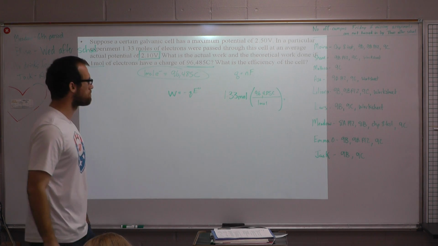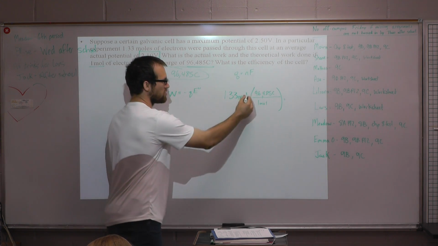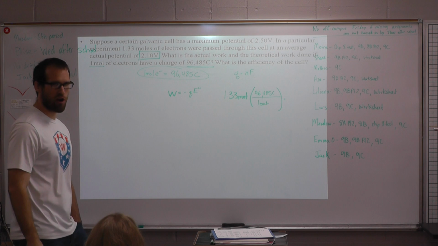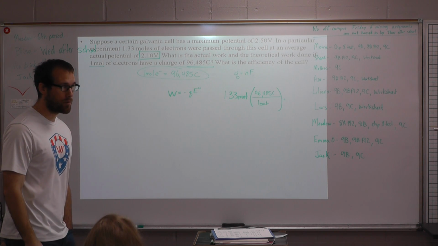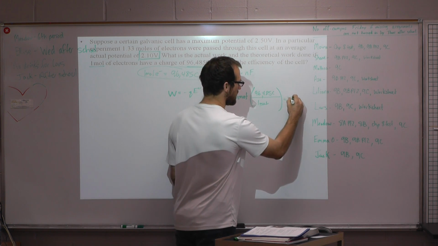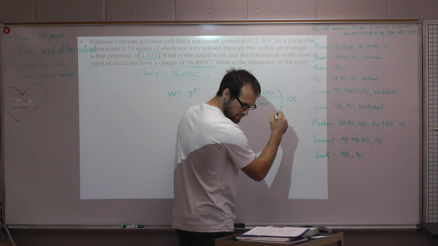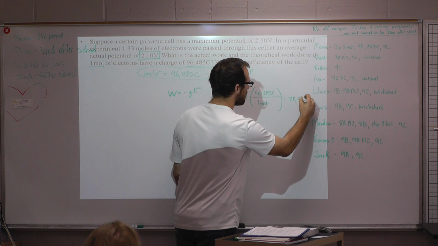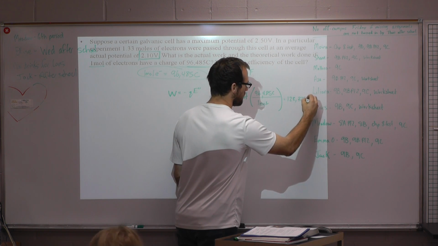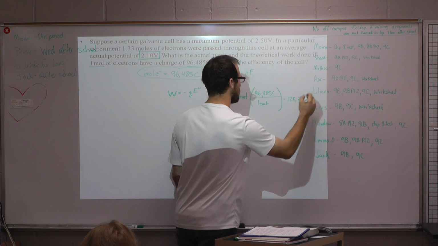That will give me Q, because moles are going to cancel out, and coulombs is our unit for charge, which is variable Q. Okay? I'll just give you what this is, 128,000 coulombs.